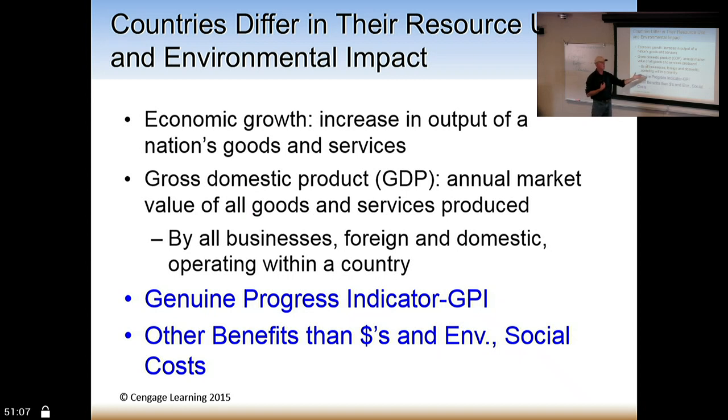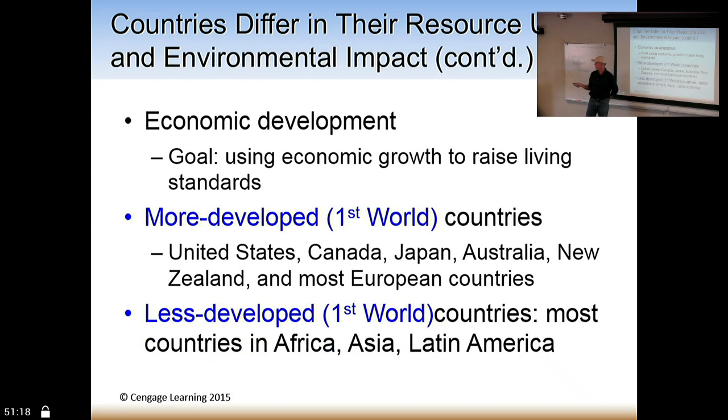So that's a genuine progress indicator, and you'll be looking at that. So it's a different way of looking at our progress and our success as a particular country or as a society in general.